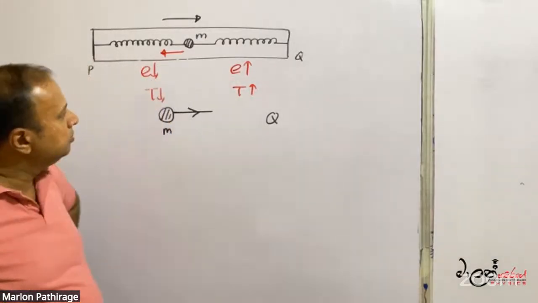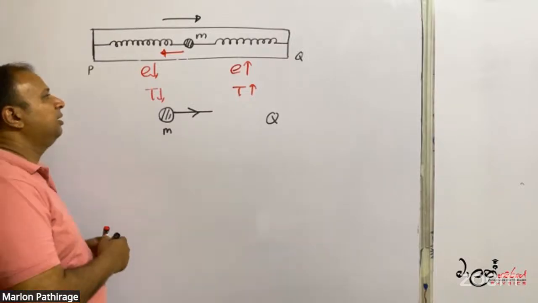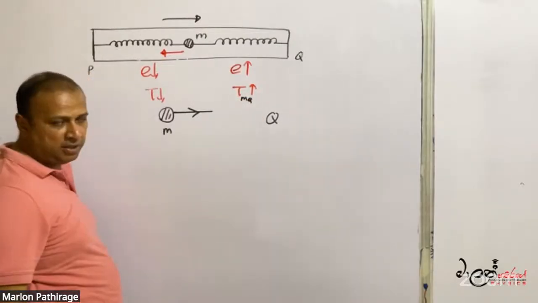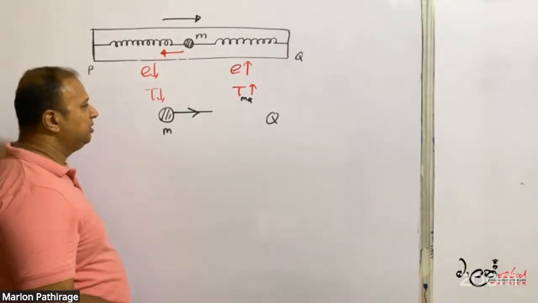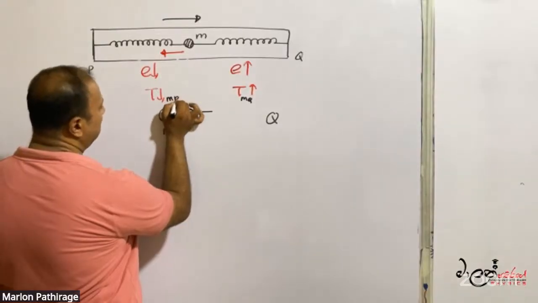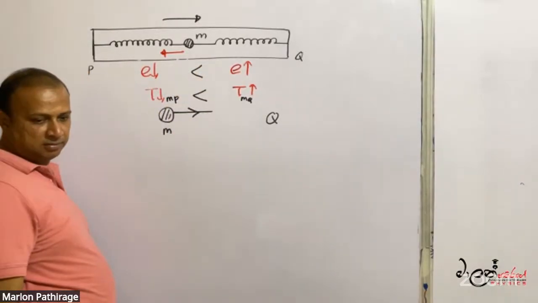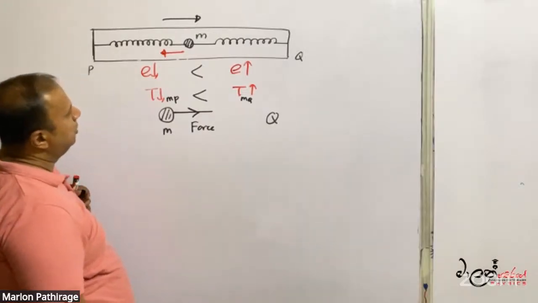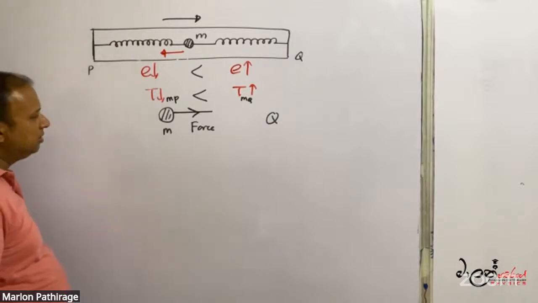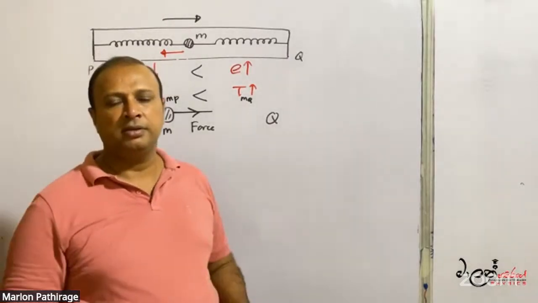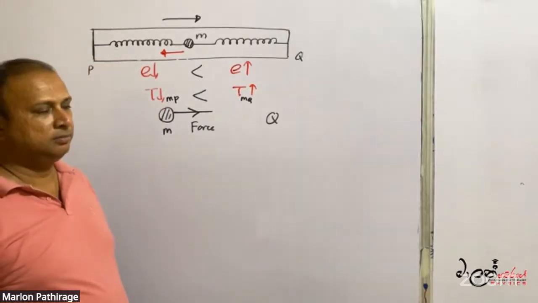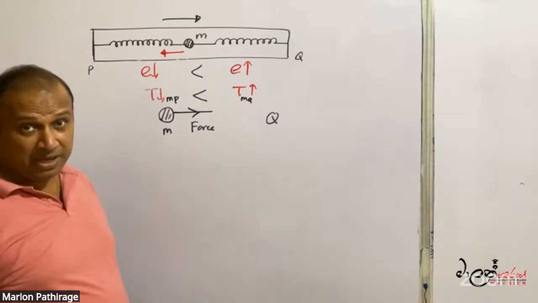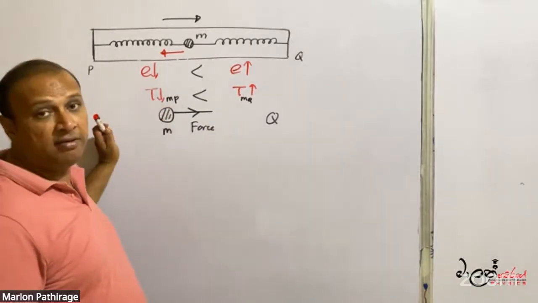Therefore, the tension force in the MQ side should be higher than the tension force of the MP side.